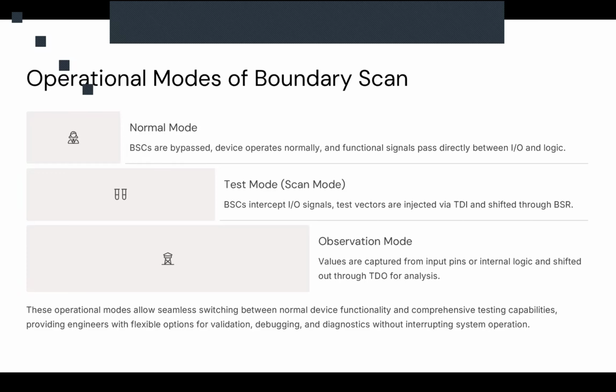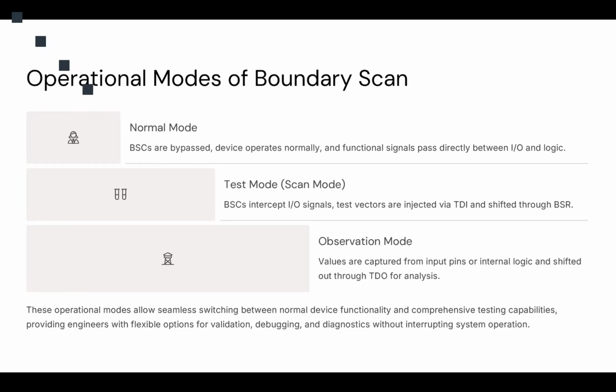The first one is the normal mode. What is normal mode? Normal mode is when we don't interfere with the chip, so the chip works as it should. We don't run a test, and all the scan cells are bypassed, so they don't interfere with the functional signals that go from the core logic to the ports and to the pins. So this is the normal mode.